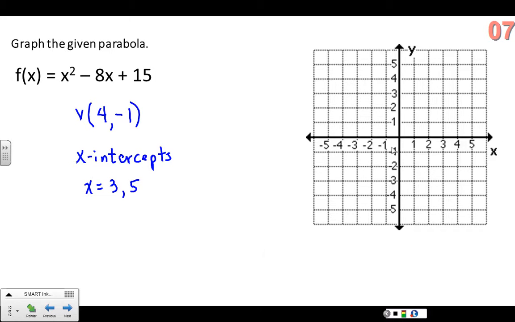So 4, negative 1, there's my vertex. There's an x-intercept at 3. There's an x-intercept at 5. So is that enough to graph this equation?